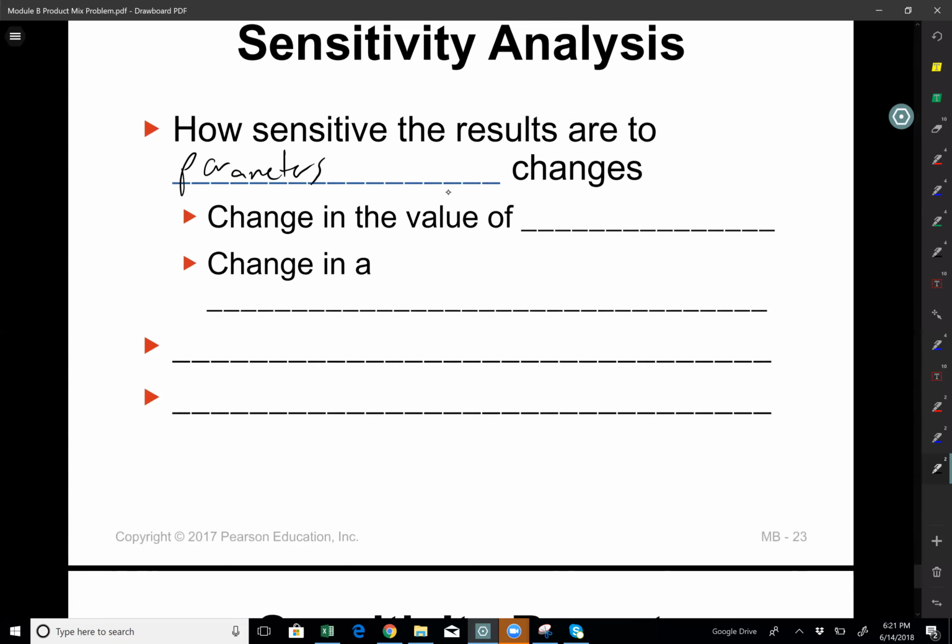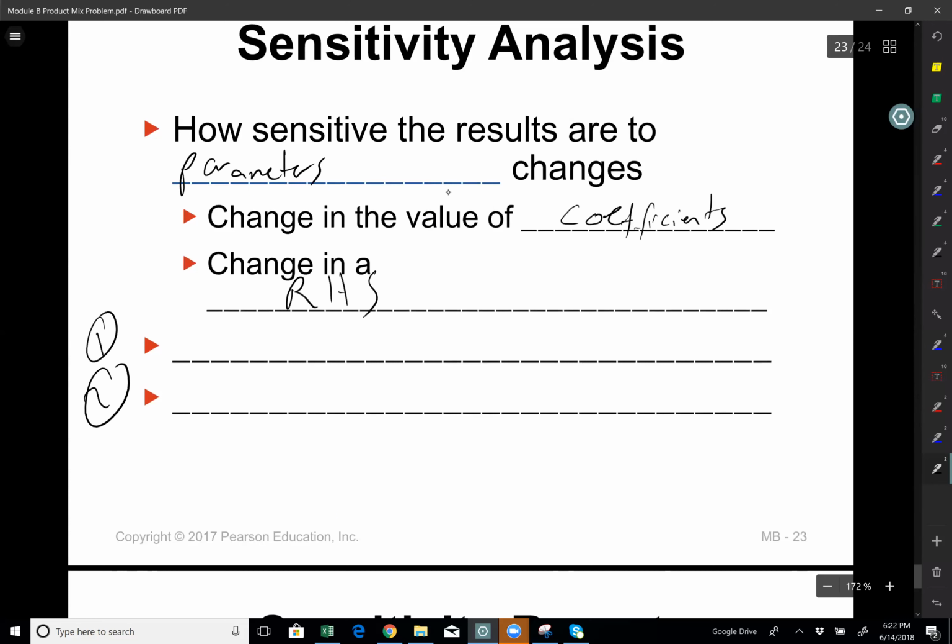So again, it could be changing the value of coefficients that we talked about. In this case, the profits per product, they are the coefficients, or the right-hand side values. Right-hand side values, in this case, they are the capacities. There are 2 ways to handle this. One, try a trial and error approach.